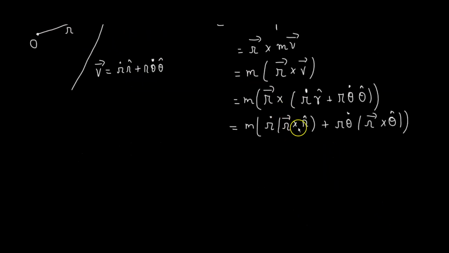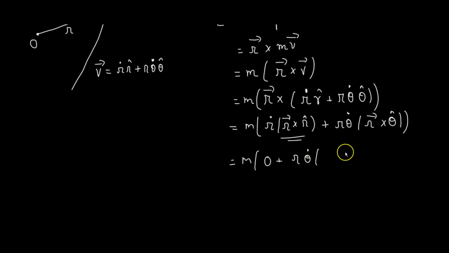Now r vector cross r cap will be 0, because r vector and r cap point in the same direction, and by the definition of the cross product this equals 0. So r dot times 0 is 0, and we are left with m times r theta dot.